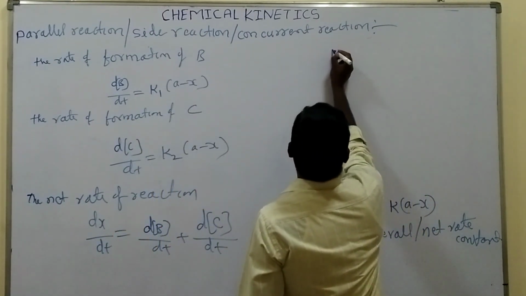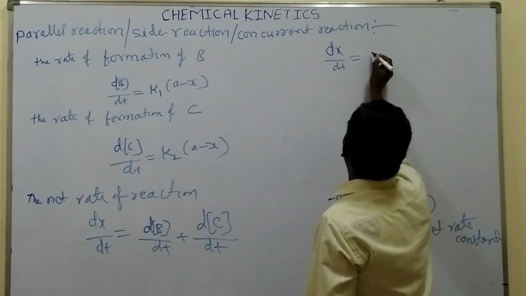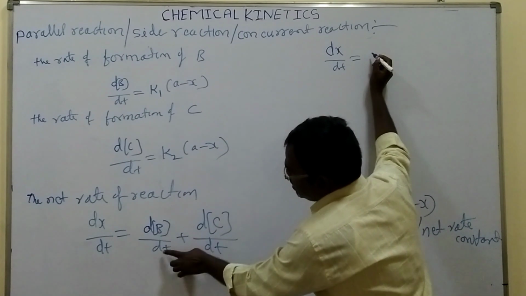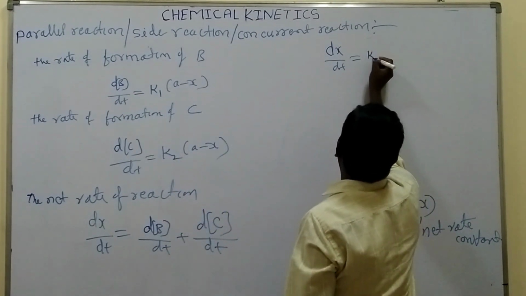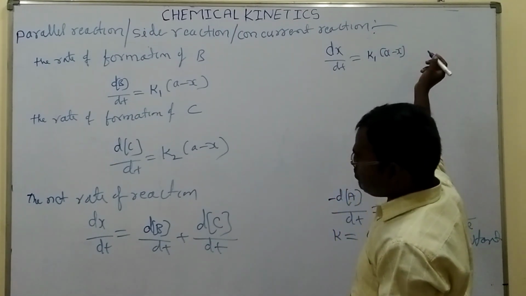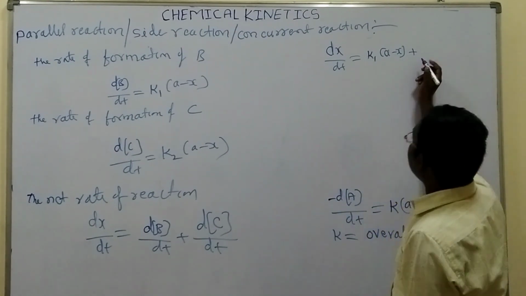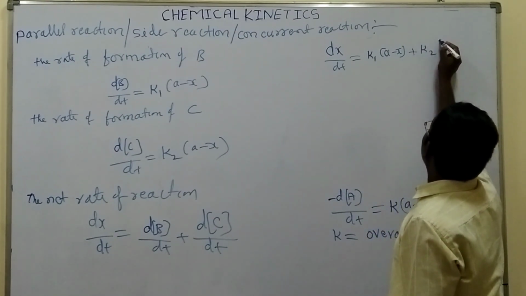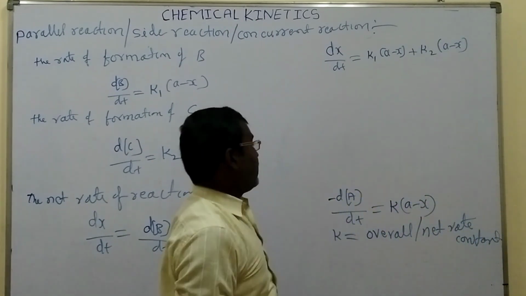So dx by dt is equal to dB by dt, which is K1 into (a minus X), plus dC by dt, which is K2 into (a minus X).